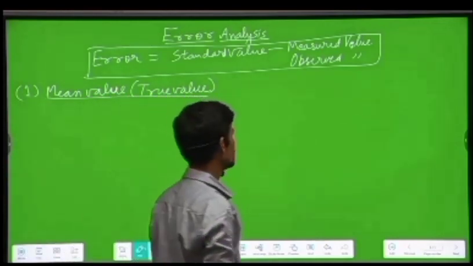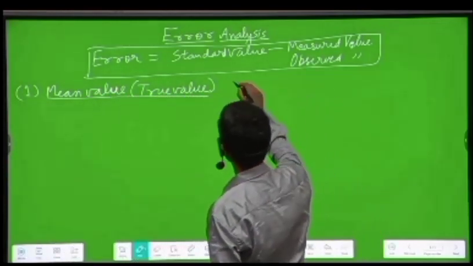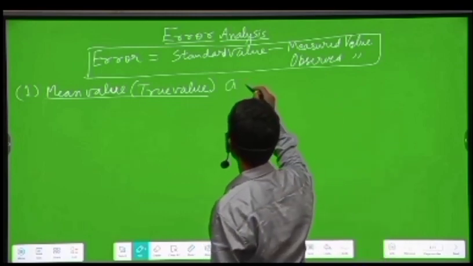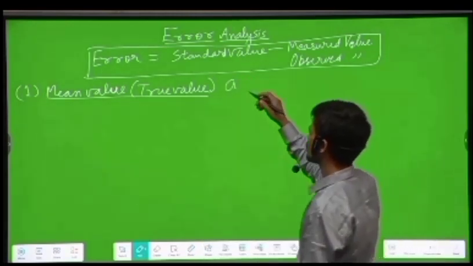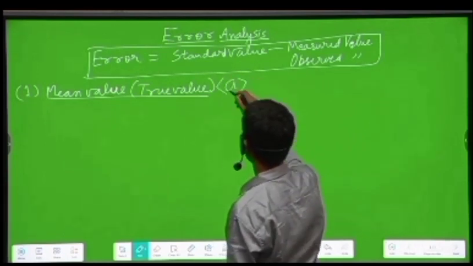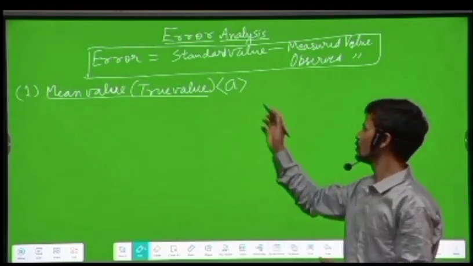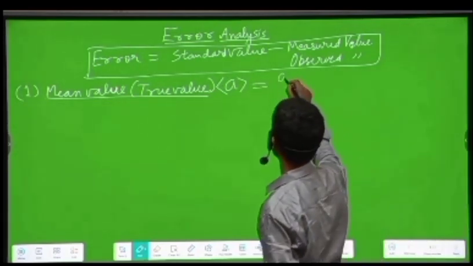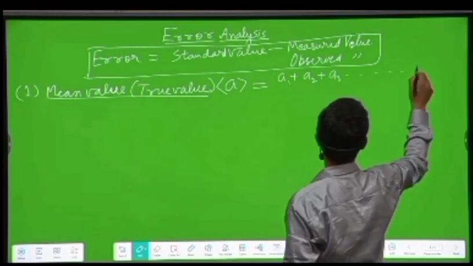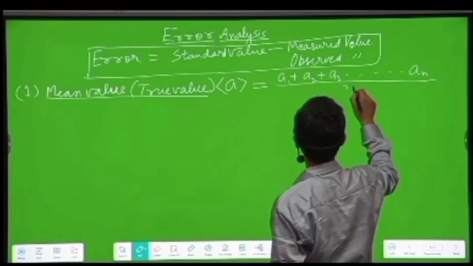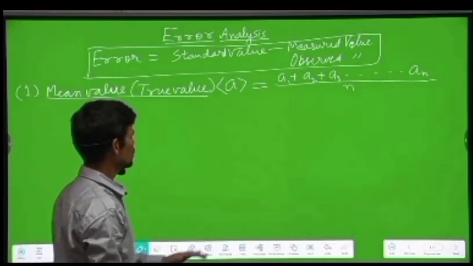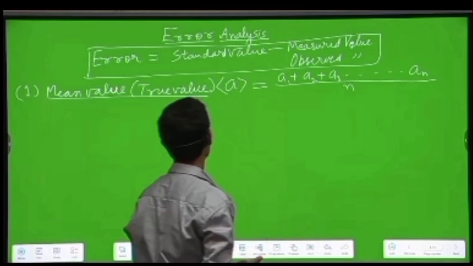So understandably, if there are n number of observations, then for the mean value I will give the symbol a, shown with an angular bracket. The mean value will be the sum of all the observations divided by the number of observations. This is our mean value or true value. Okay, so this is how we have obtained the true value.